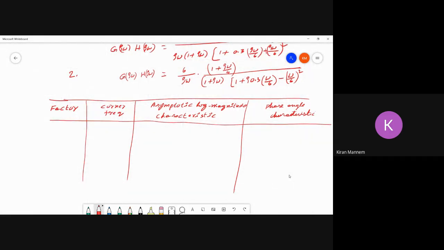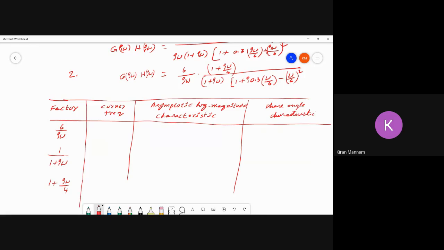First, let us write the factors. What is the first factor? First factor is 6 by j omega. Next factor is 1 by 1 plus j omega. Then 1 by 1 plus j omega by 4.